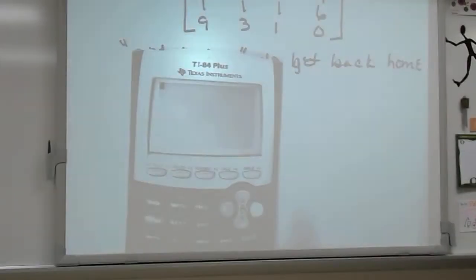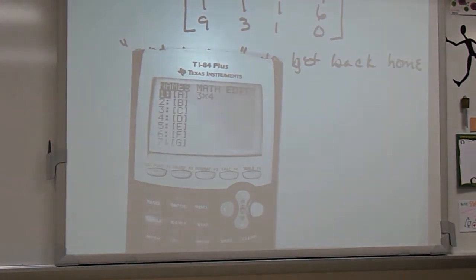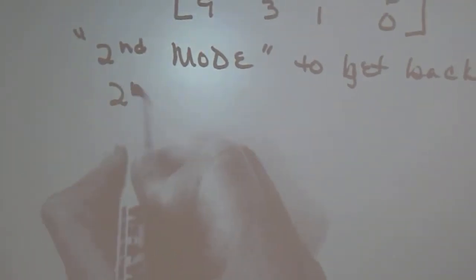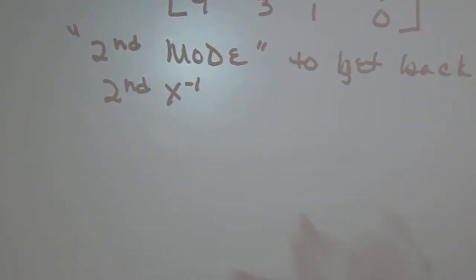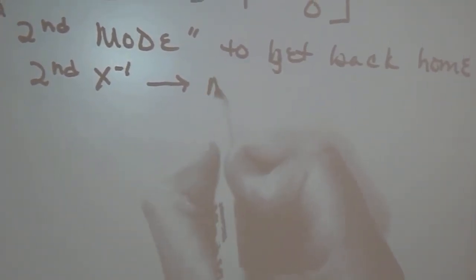All right, so we're back. Everybody's at their home screen, right? Yeah. All right. We're going to go second matrix again. So once again, I want you to hit second x to the -1. This time, we're arrowing over to math.